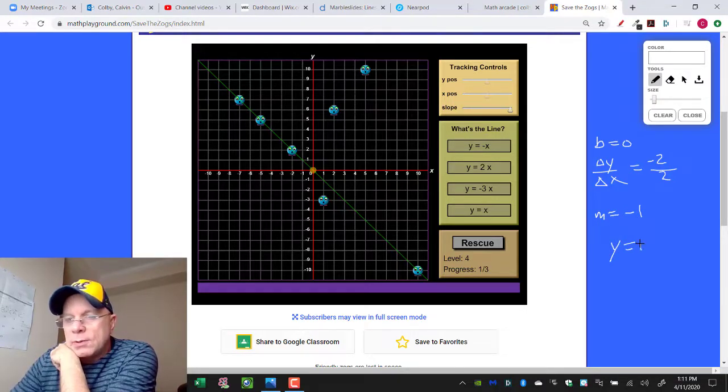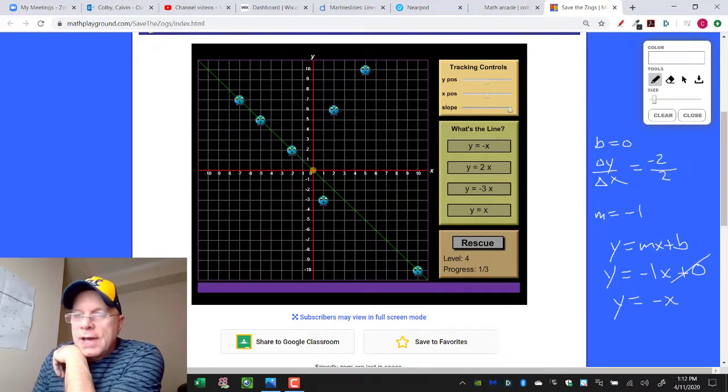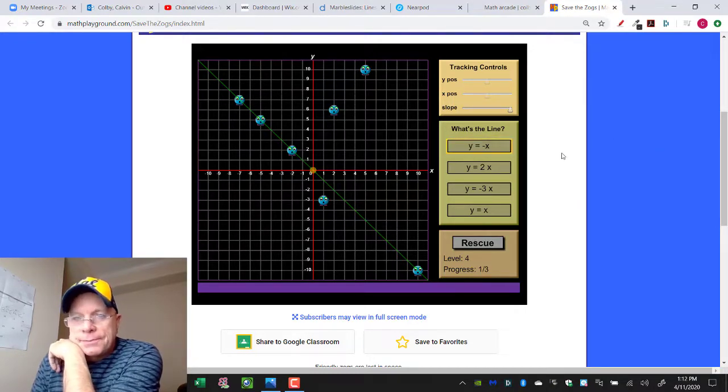So when I write y equals mx plus b, y equals negative 1x plus 0 is just y equals negative x. Because this constant term is 0, it disappears, and 1x is x, so negative 1x is negative x. So y equals negative x would be the right line.